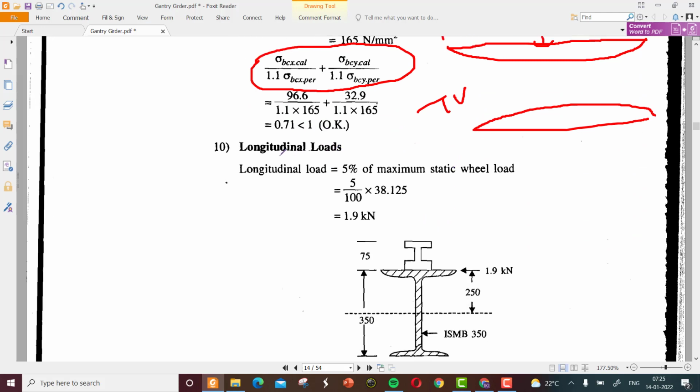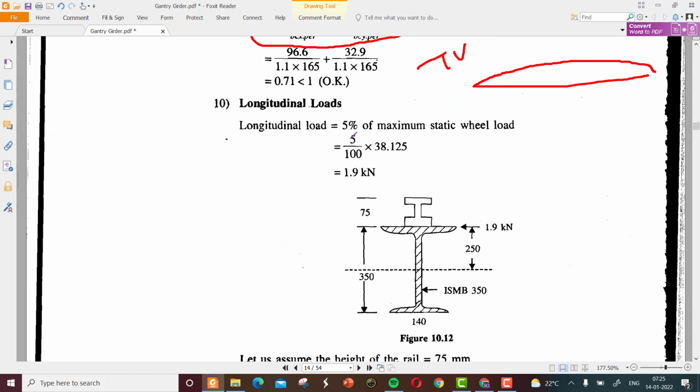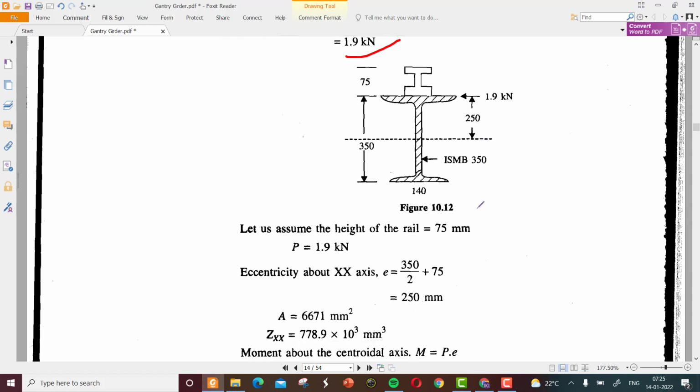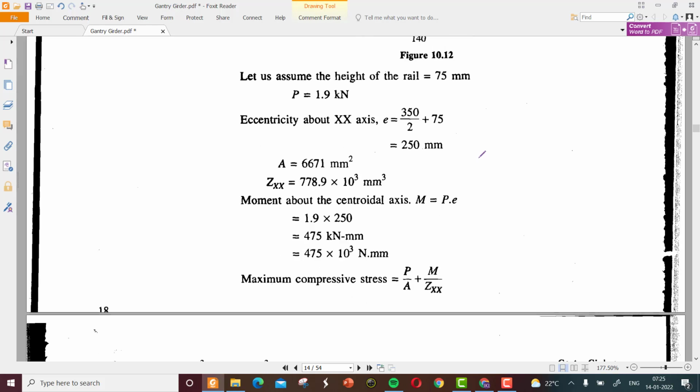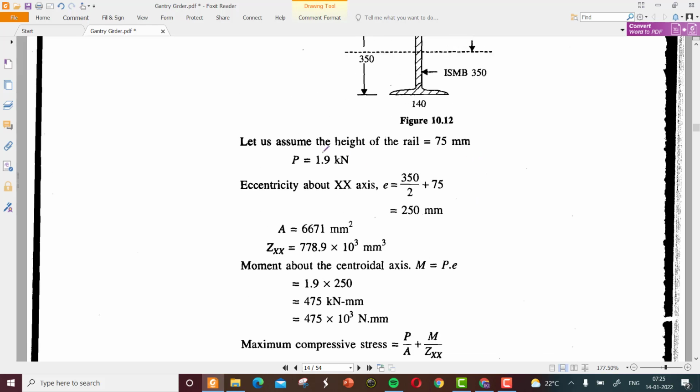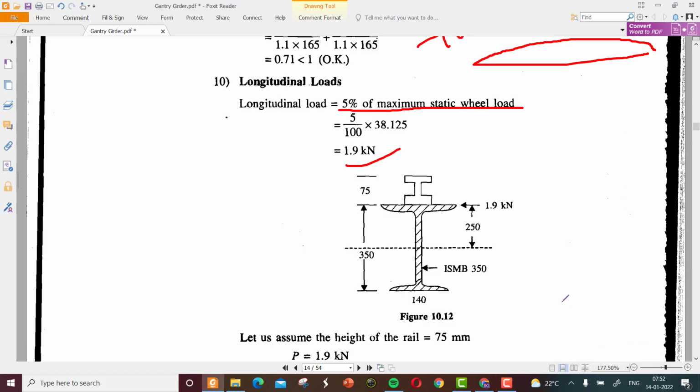Then the longitudinal loads: we know that for a manual operator it is 5% of the maximum static wheel load, which gives 1.9, and that will act along the length of the gantry girder. Assuming the rails are placed over the gantry girder, the longitudinal loads act in line with the rail.